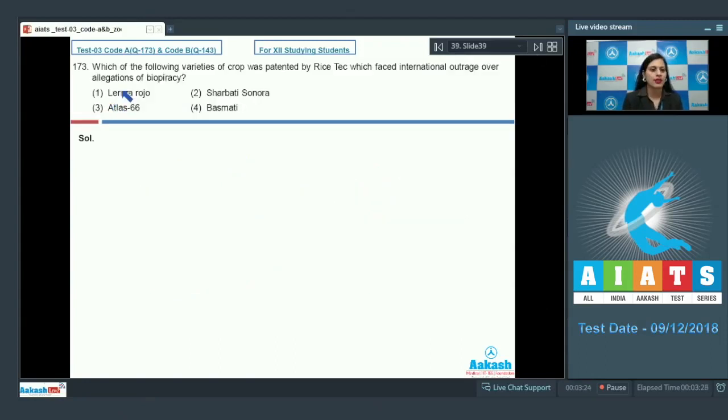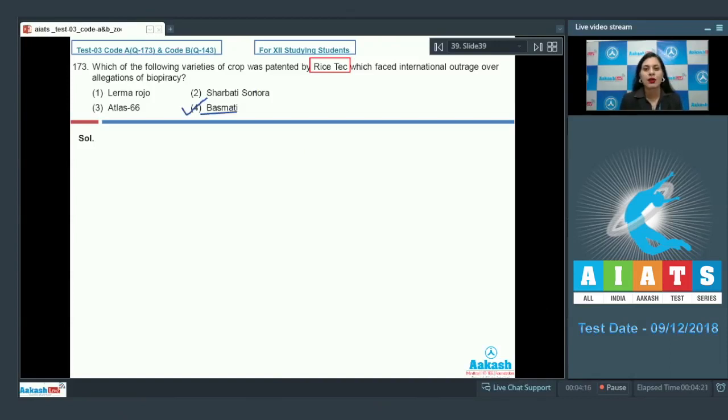Question number 173. Which of the following varieties of crop was patented by RiceTec, which faced international outrage over allegations of biopiracy? Now the hint given for you is that it is patented by RiceTec. So you have to select a variety of rice among the given options, and the correct answer for this question is basmati.